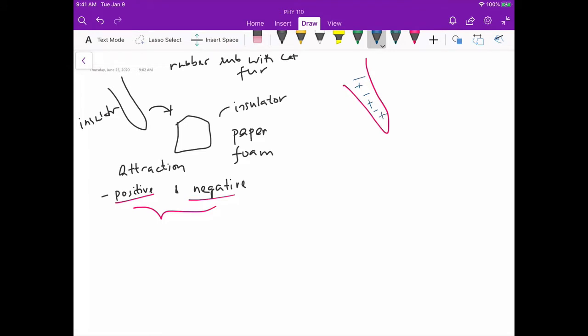Likewise, the small foam that we were talking about also has an equal number of positive and negative charges.